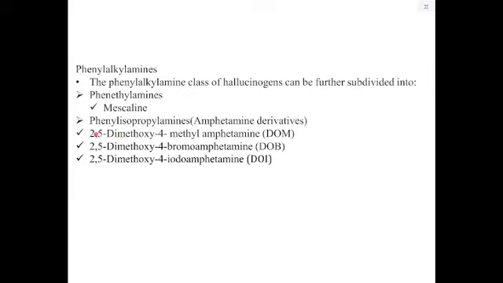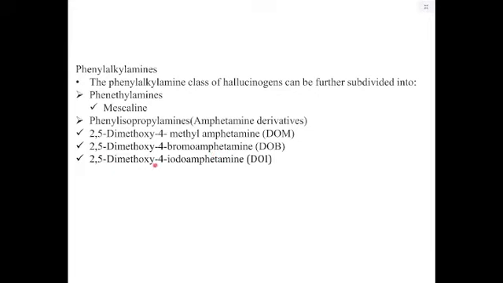So you can see this one is 2,5-dimethoxy, and then at position 4, it has a methyl group, amphetamine. Remember, these are isopropyl derivatives. So alpha to the amino group, you do have a methyl group. And then you have also the 2,5-dimethoxy 4-bromo. So this position 4 is what's changing, and it's called DOB.